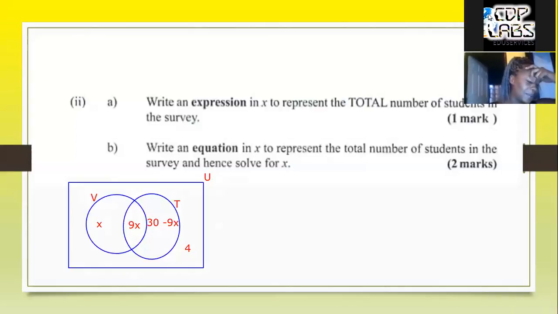It's write an expression. What is an expression? I need to write an expression in x. What do I mean by that? Write an expression in x.